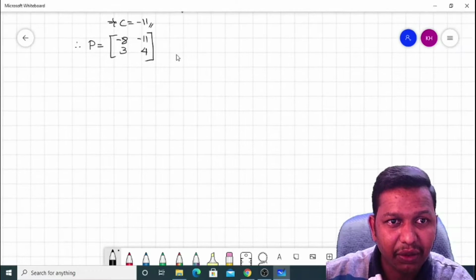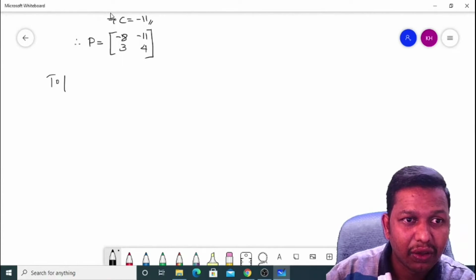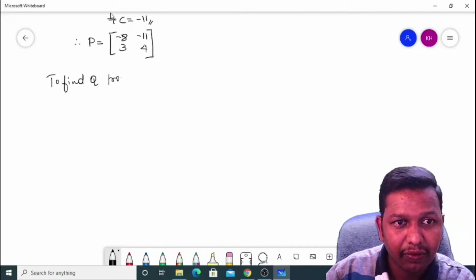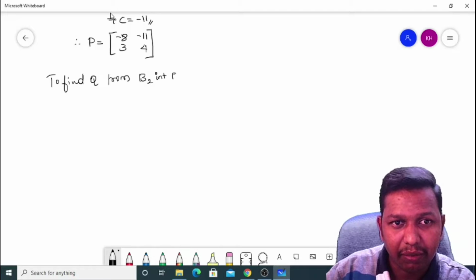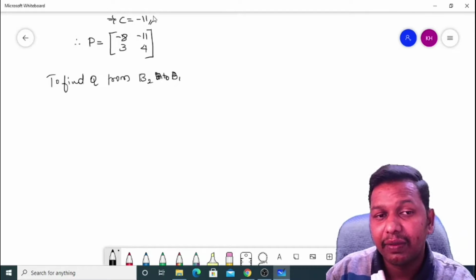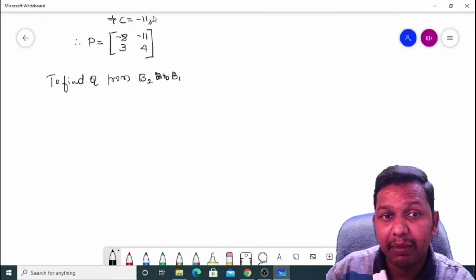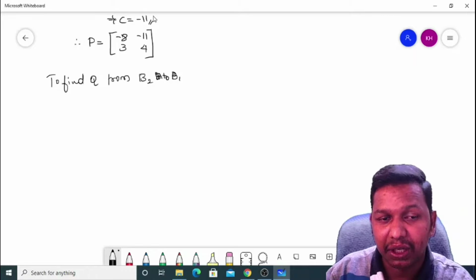Next, we need to find the transition matrix Q from B2 to B1. That means here we have to express the elements of B1 as a linear combination of B2.